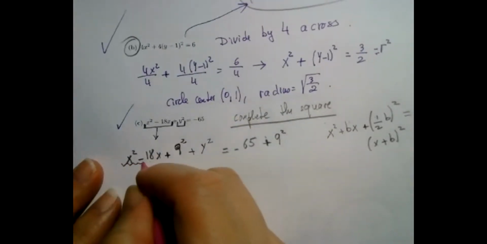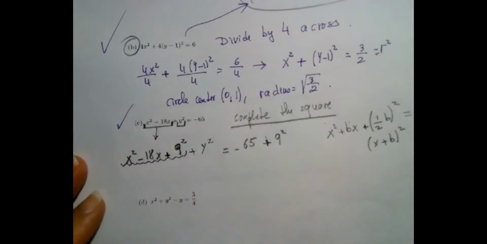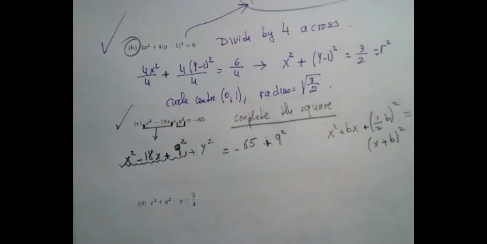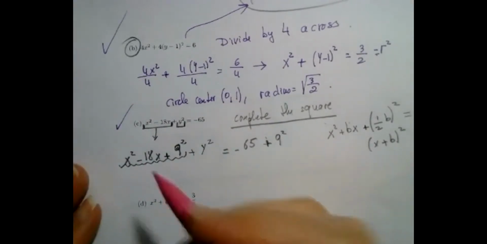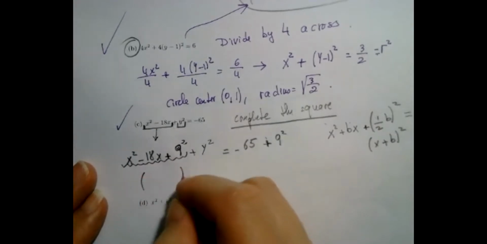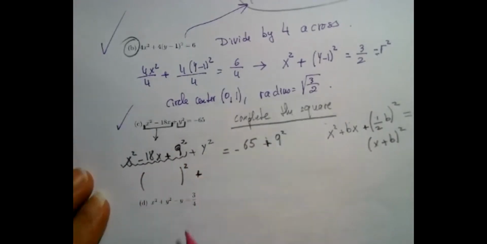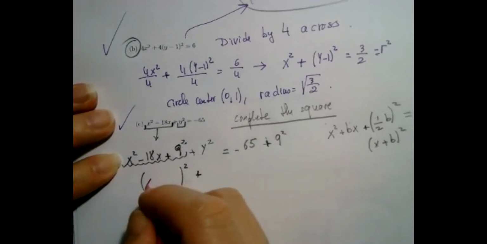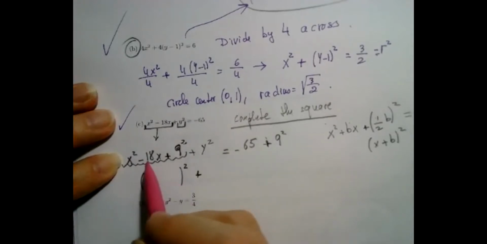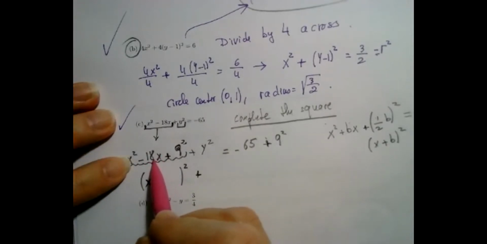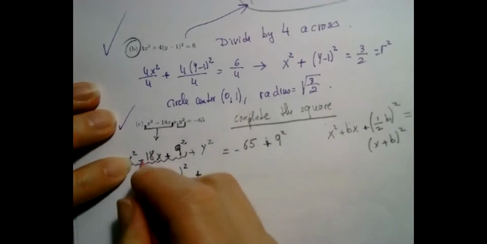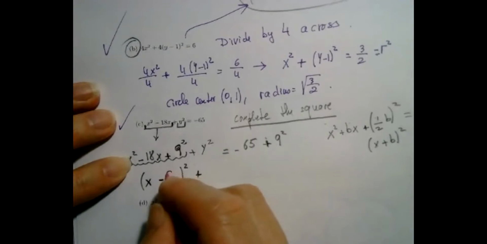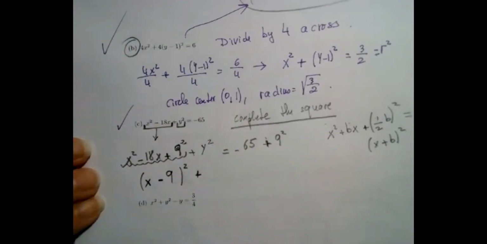Finally, the goal of completing the square, which is a trick you guys need a lot, is to allow me to take this expression and write it as something squared. This would become x, and what should go here is whatever x is multiplied by, which is 18 over 2. Because I have a minus, it's going to be minus 9.